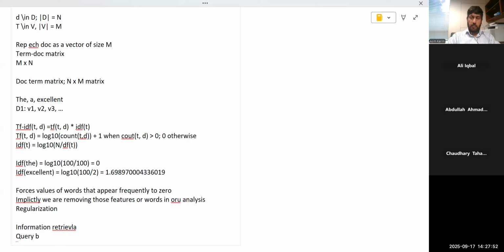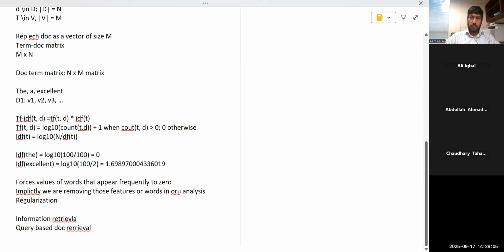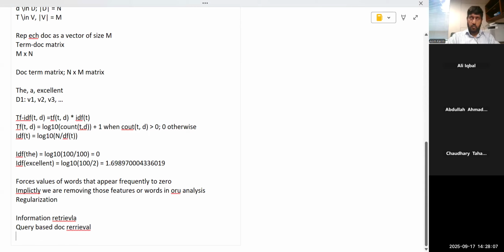So query based doc. So we pose our question as a query, and in the simplest form, the query is a set of keywords. So query Q is a set of keywords or simply words.